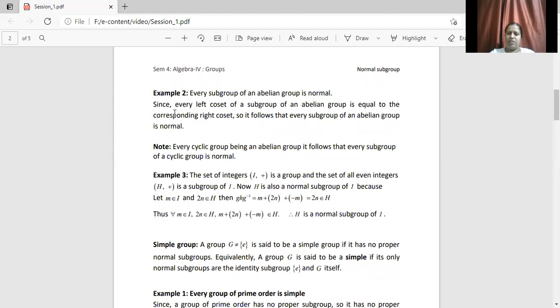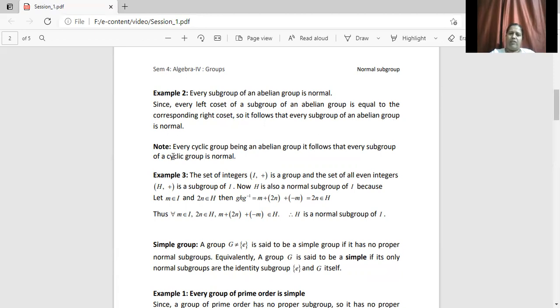See here the solution: since every left coset of a subgroup of an abelian group is equal to the corresponding right coset, that means left coset g h is equal to h g. When the left coset is equal to the right coset, then we say that it is a normal subgroup. The same condition holds in an abelian group. Therefore, it follows that every subgroup of an abelian group is normal.